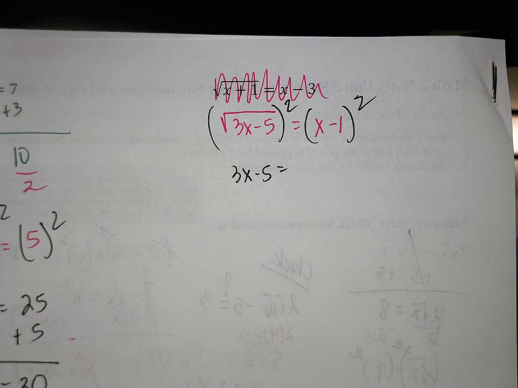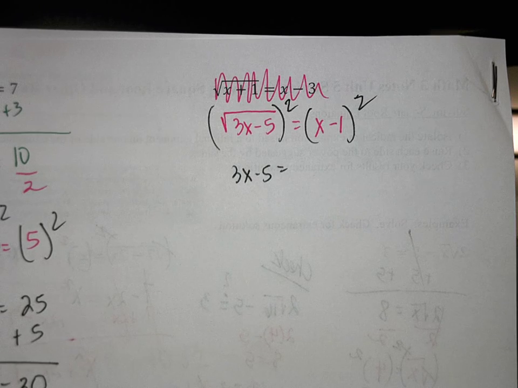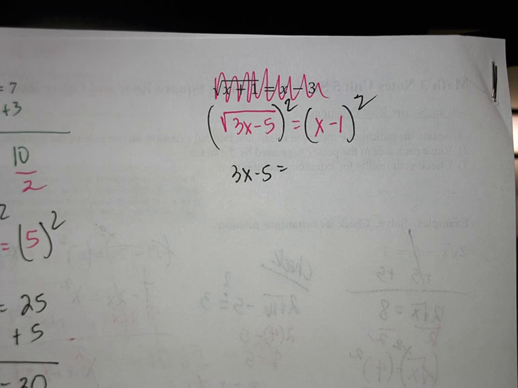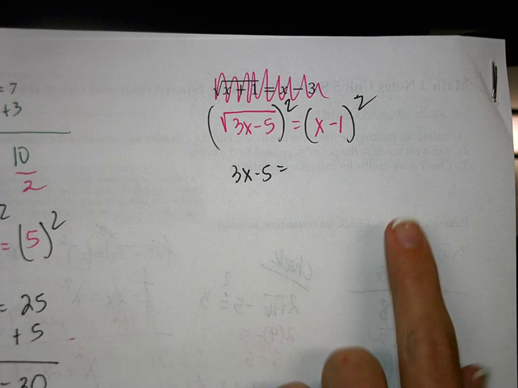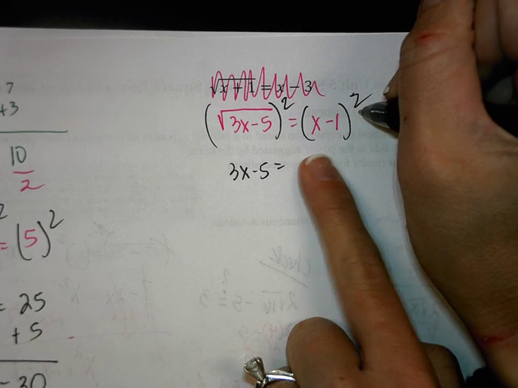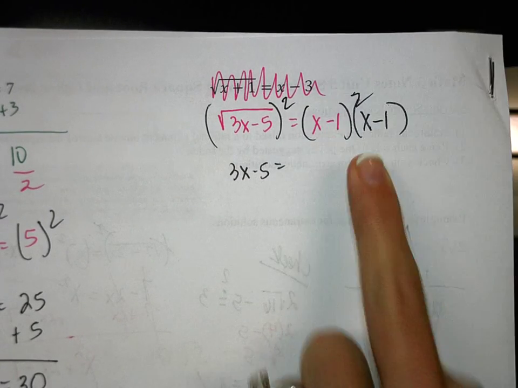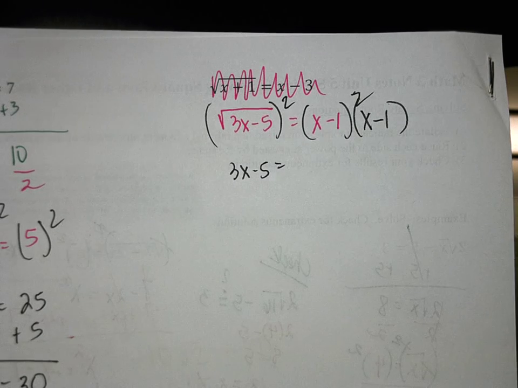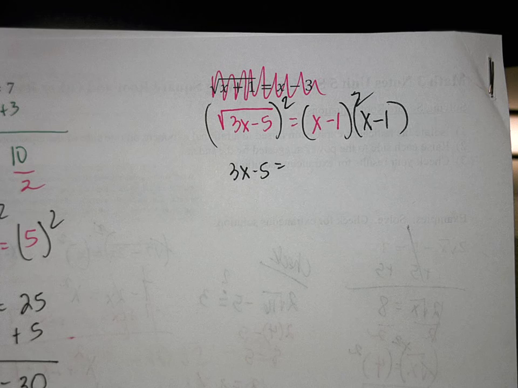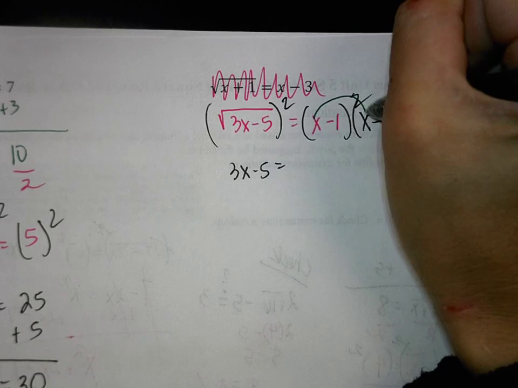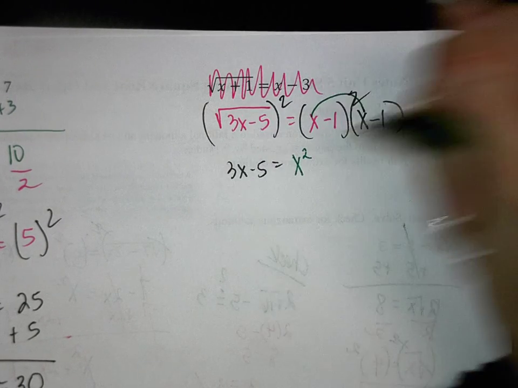Robert, what will you do? Exactly. So we're going to take x minus 1 and multiply it by x minus 1. And in order to multiply it, what is the word that we use? What is it, Alexa? Yes, distribute is correct. Good job. Okay, so x times x is x squared.